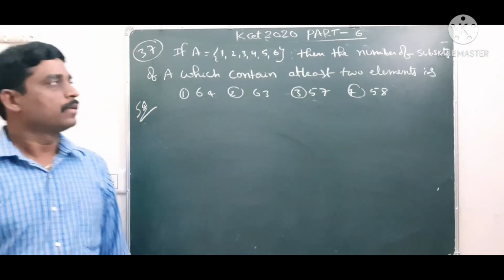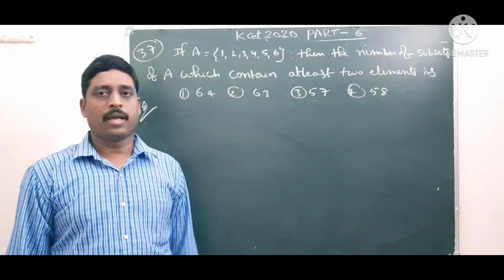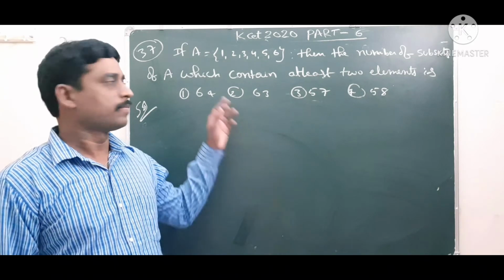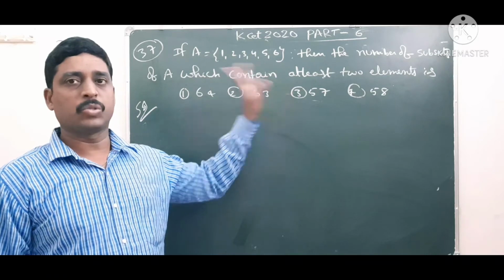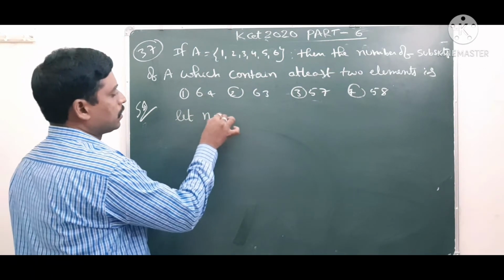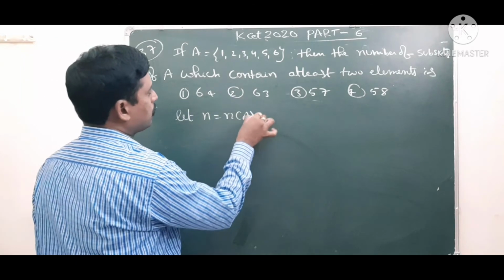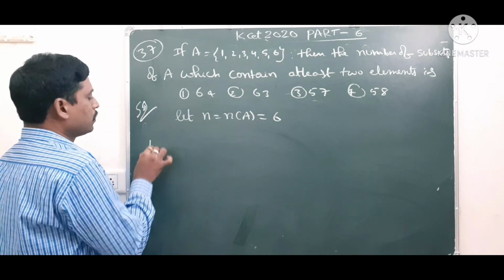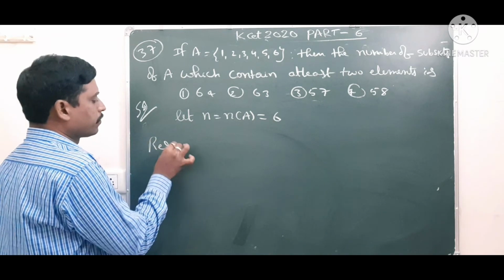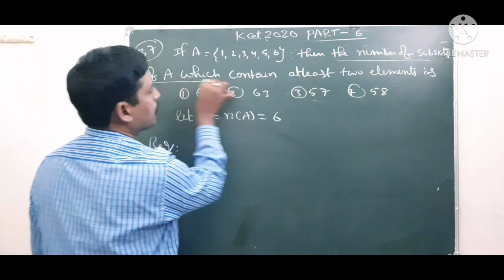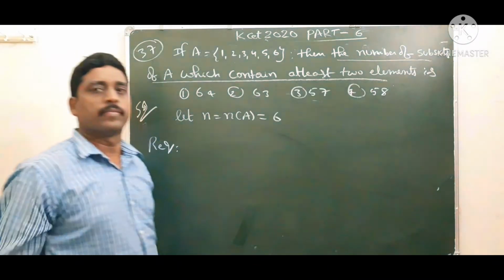Number 37. In the statement, A has 6 elements, then find the number of subsets of A which contain at least 2 elements. So let us take n of A is equal to 6, given. What is required? The number of subsets of A which contain at least 2 elements.